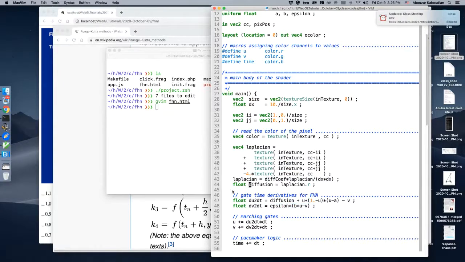So we were previously doing Euler time stepping, and we want to replace this Euler time stepping with the Runge-Kutta version.